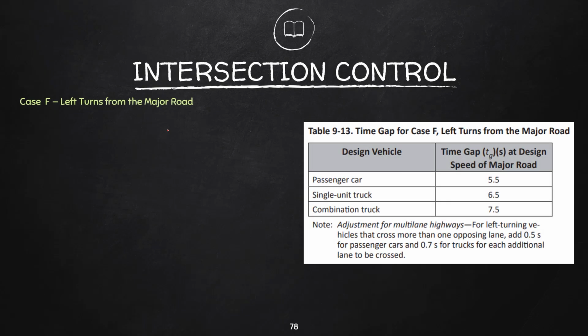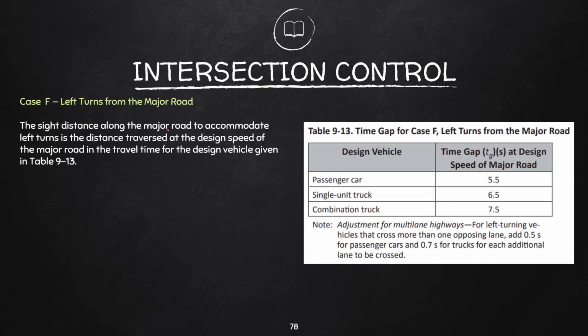For case F, the sight distance along the major road to accommodate left turns is the distance traversed at the design speed of the major road in the travel time for the design vehicle given in table 9-13. So you will use this time gap instead. Again, you will use the formula ISD is equal to the conversion factor multiplied by the velocity of the major road times the time gap.